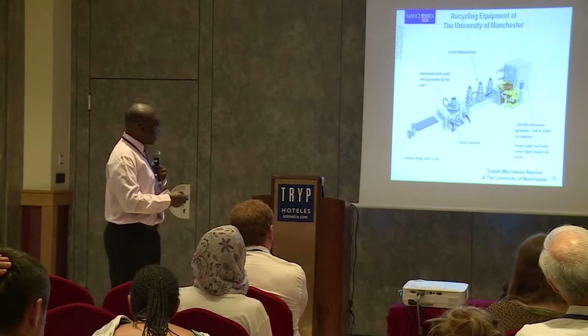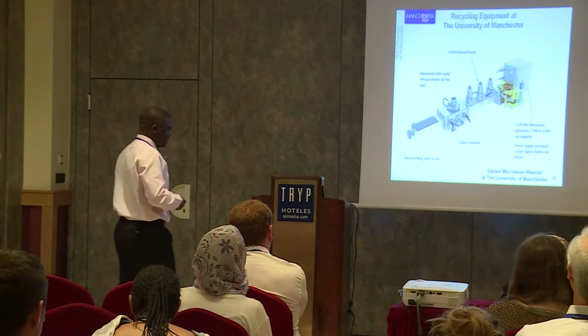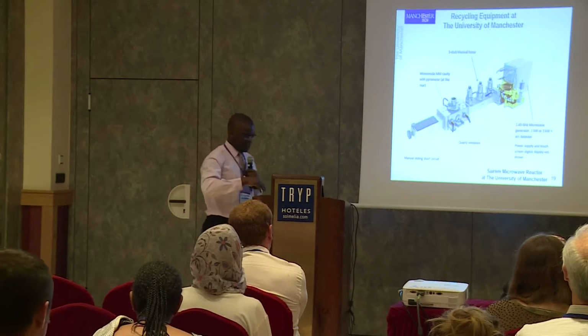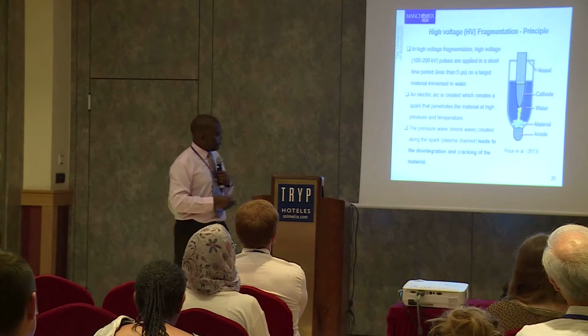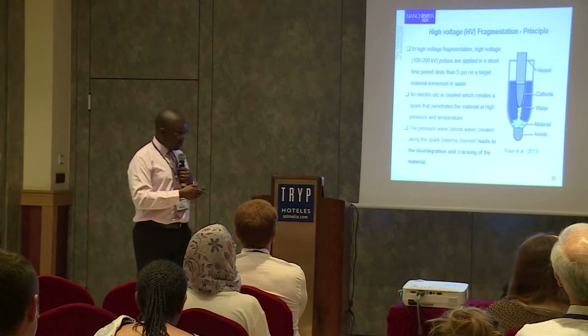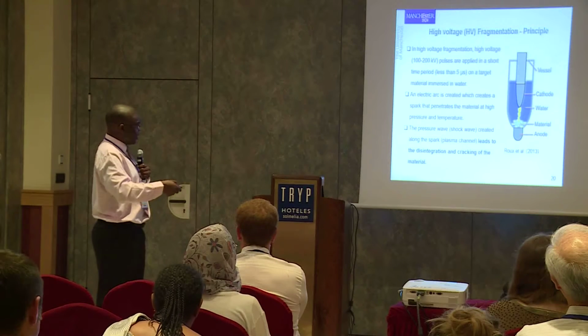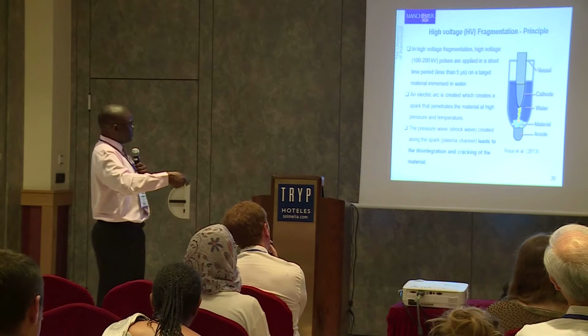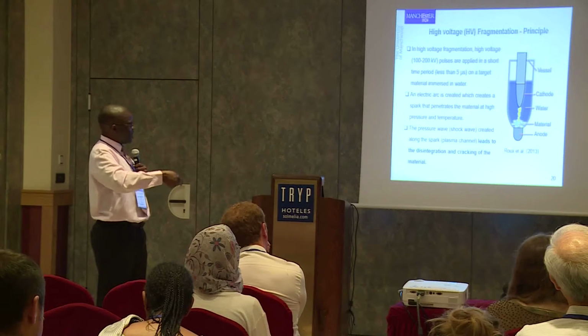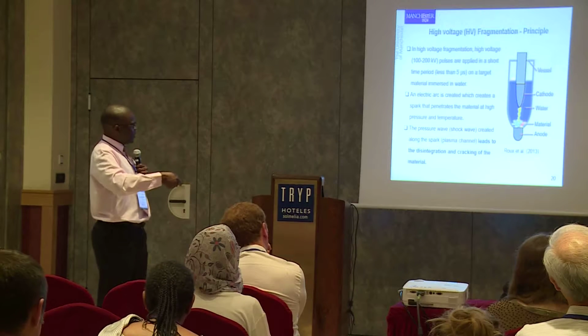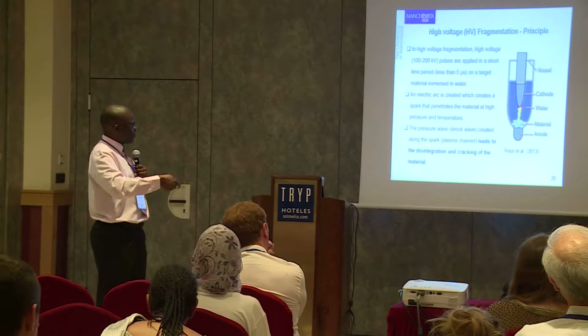So alternatively, I can use microwave radiation. Therefore, I just heat the matrix, and I'm able to recover the fibers in a better form. Or I can use high voltage fragmentation. So imagine here, I've got my composite material, and immersed in a bath of water, I generate a high voltage here, and then I'm able to generate a shock wave.